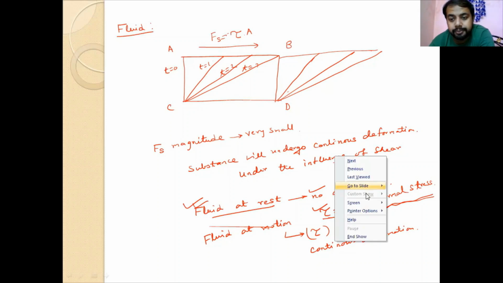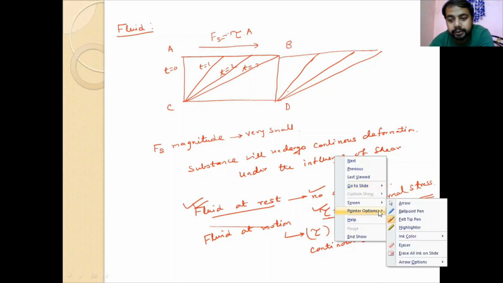Now the fluid properties we'll see one by one. This is a prelude to the fluid properties. They determine the characteristics of the fluid. You know the property definition.